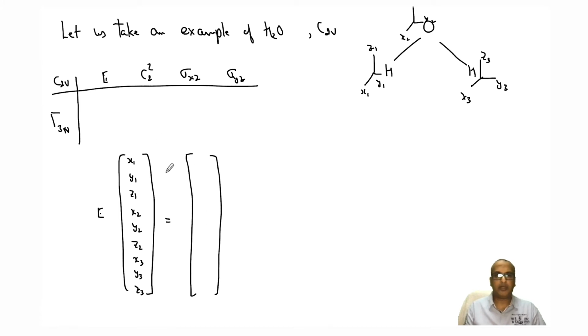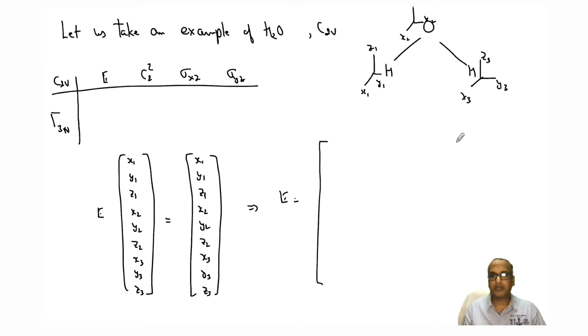So I'm not going to write the whole thing. This implies that my E matrix is nothing but a unit matrix of 9 cross 9 order.